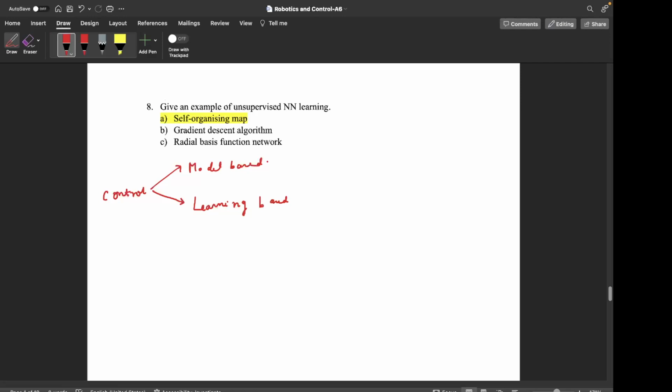So in model based, what are the advantages and disadvantages? You would need to formulate the model mathematically, and how good your model based controller is sometimes depends on how well you are modeling it. It also involves some matrix computations, taking inverse of large matrices and all.